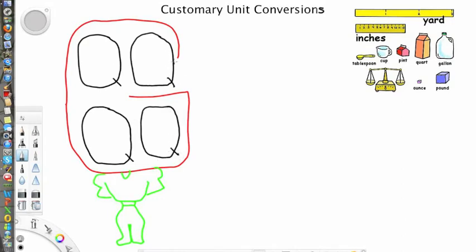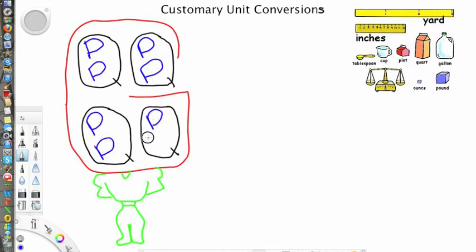If you haven't guessed it, the G stands for a gallon. And then inside the gallon, there are 4 Q's, which represents quarts. Inside each quart, there just happens to be 2 P's, and the P's represent pints because every quart is made up of 2 pints.